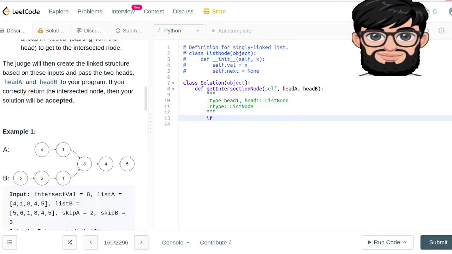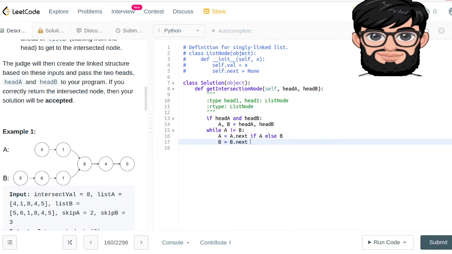If we do have head A and head B, like if both of them are not null, we have A and B, which are equal to head A, head B. So these are our two pointers, and we're going to say while A not equals B, we keep doing: A is equal to A dot next if A exists, otherwise it's going to be B. Similarly, B is equal to B dot next if B does exist, else it's going to become equal to A.